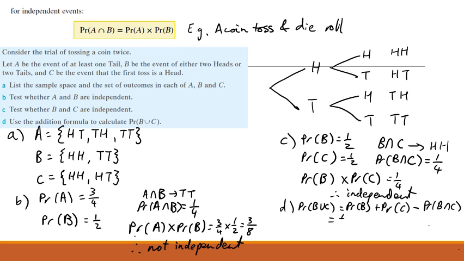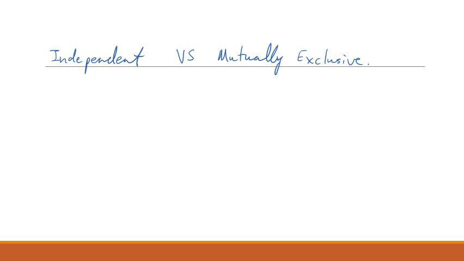So we have B, which is a half, C, which is a half, and B intersection C, which is a quarter. You should get 3/4. Fairly straightforward stuff.